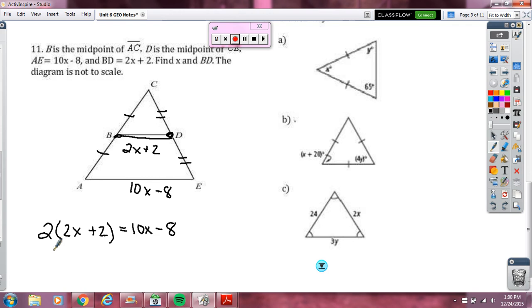Alright, distributive property. And combine like terms. Let me check my work. So 2 of these equals that.